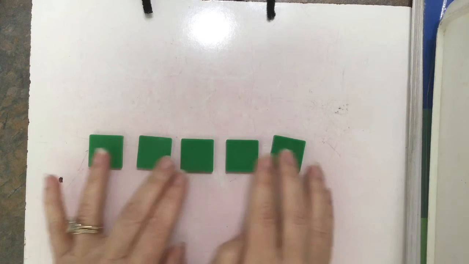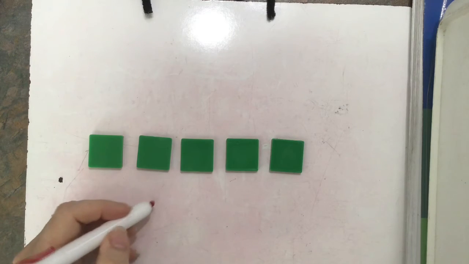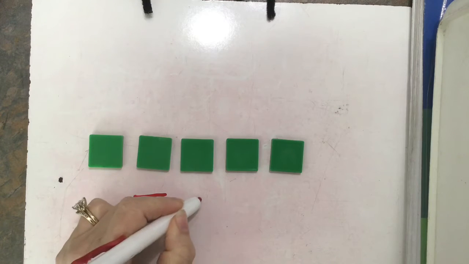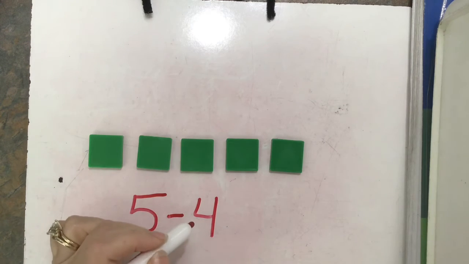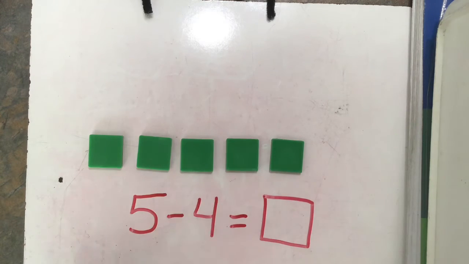They're going to give you a picture of 5 objects just like these, and a math problem. Let me get my marker here. The math problem may show 5 take away 4 equals box, and they want you to figure out what goes in the box.